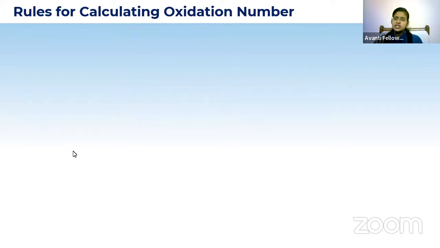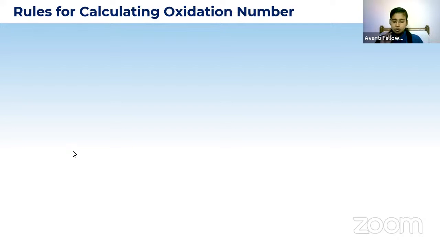Okay. So we have studied about HF now, but we do have n number of compounds, right? So for all the compounds, we have atoms, and each atom will carry some oxidation number, right? So we need to study the rules to calculate the oxidation number for each atom present in the compound.